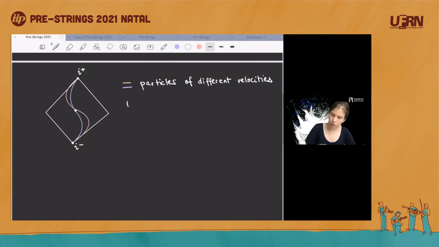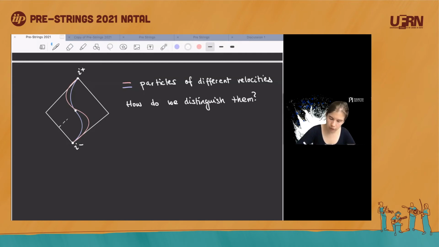So the naive question is, how do we distinguish them? And the resolution lies in resolving future timelike infinity and past timelike infinity.